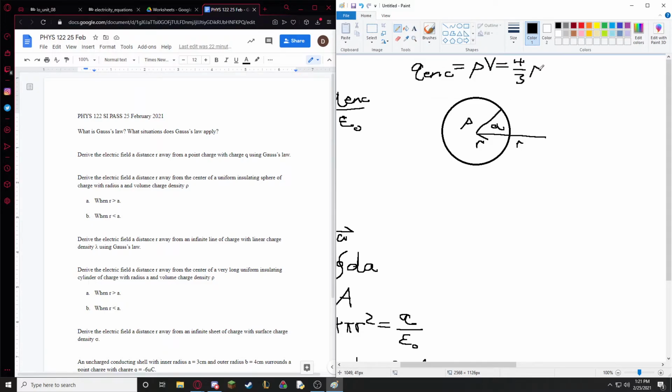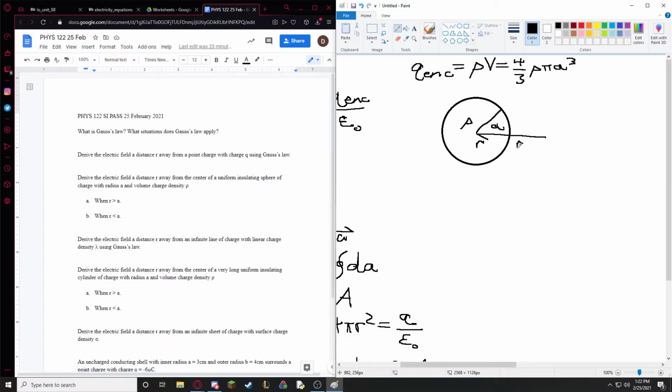4/3 rho pi r cubed. In this case, the radius of our sphere where the charge is, is A, so 4/3 rho pi a cubed. But we'll just keep calling it Q enclosed for now. So then what is our electric field? We can essentially treat it as if this entire sphere of charge is just a point charge.